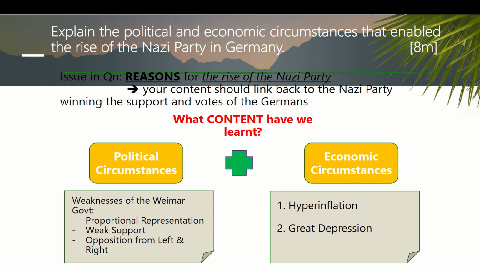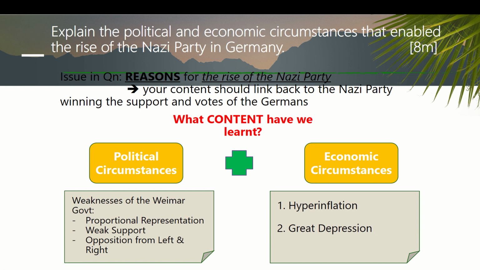How do we define that a leader has risen to power, or that a certain political party has actually gained political power?